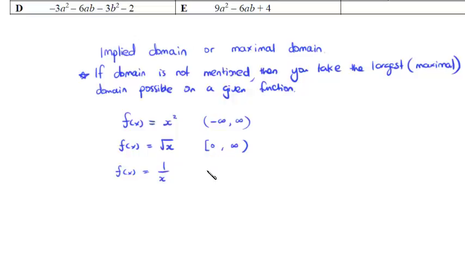So we can write this as all real numbers except 0, like this. Okay? Or you can write -infinity to 0, and it cannot include 0, union 0 to infinity. So if I represent that on a number line, it looks like this.